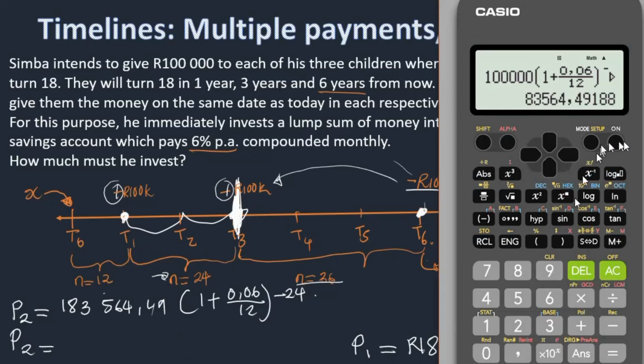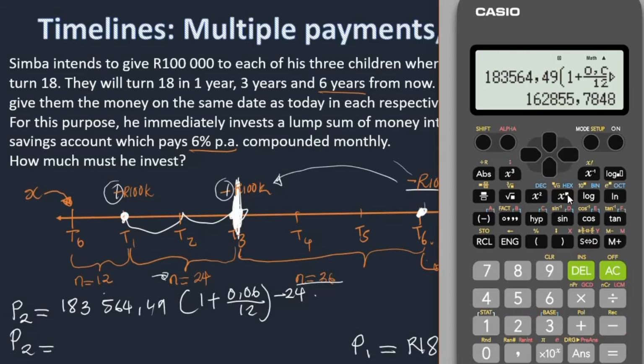Now my P2 will be this amount. Let's use a calculator there. My P2 will be 183,564.49 times 1 plus, let's put a fraction there, 0.06 over 12, raised to negative 24.